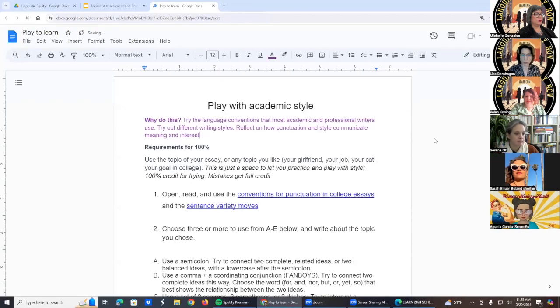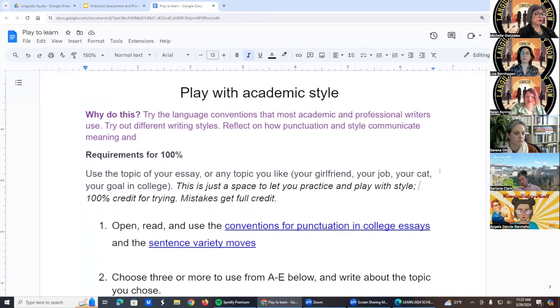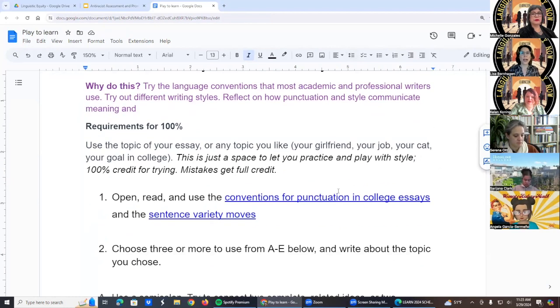So this first exercise is playing with academic style. So just to try different language conventions that academics and professional writers tend to use, and then to try out different styles and see how they feel about that, and to reflect on how punctuation and style choices might communicate meaning.